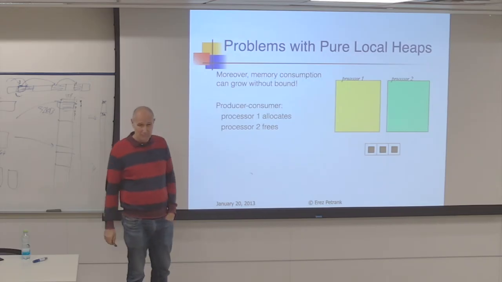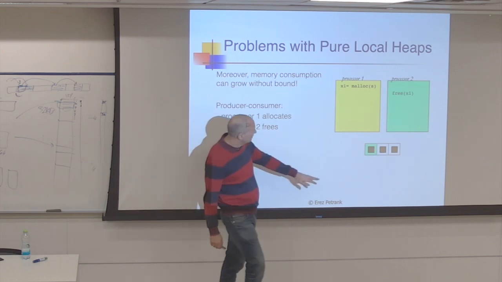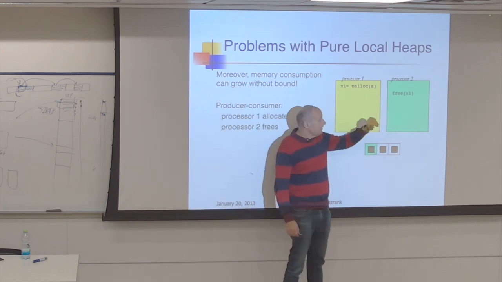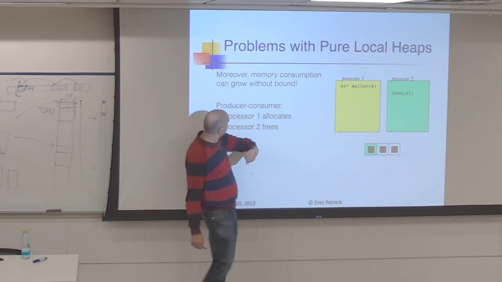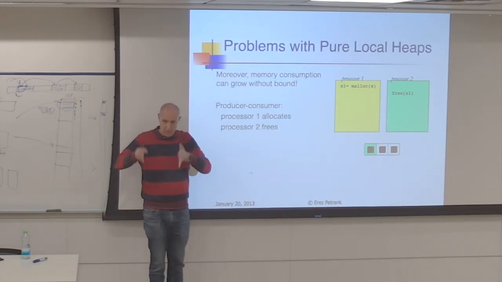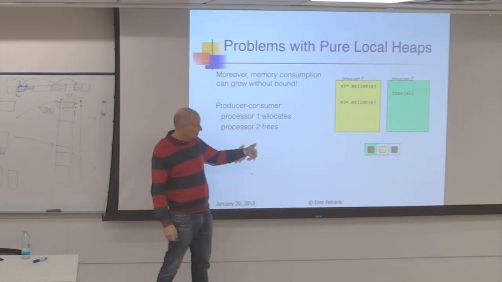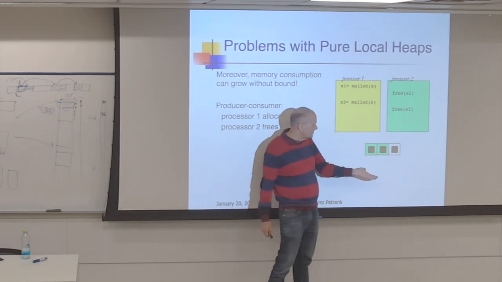There is another problem if you just have local heaps where I deallocate, where I free. If I have a producer-consumer scenario, so someone is only allocating, the other is only freeing, then I'm going to just exhaust the heap.